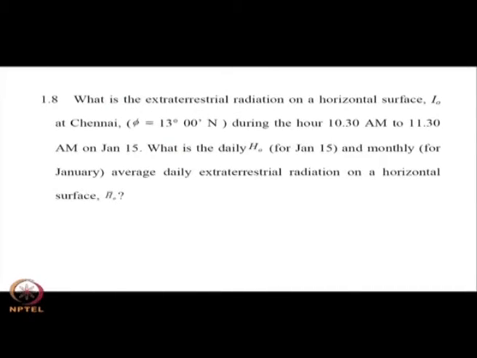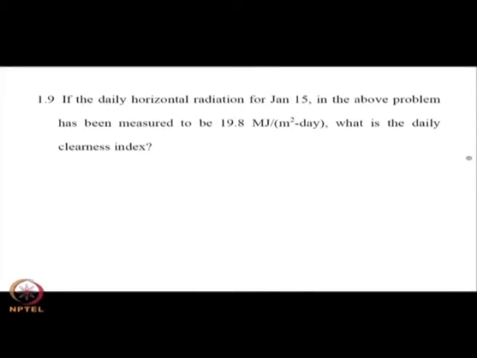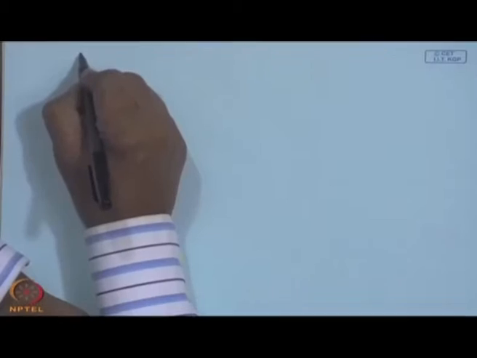So, we will go to problem 1.9. If the horizontal daily radiation in the above problem has been measured to be 19.8 megajoules per meter square a day, what is the daily clearness index?